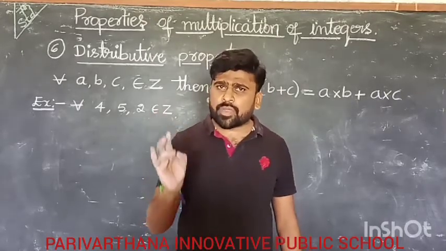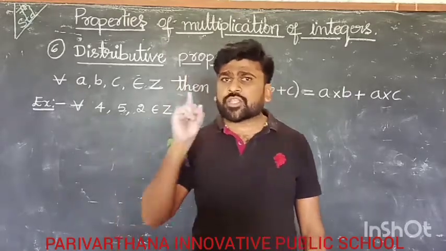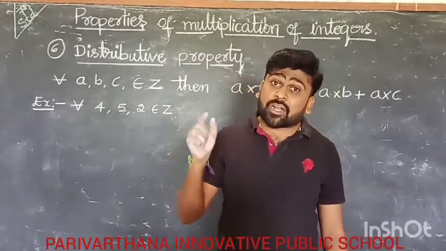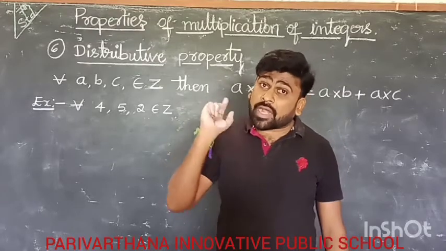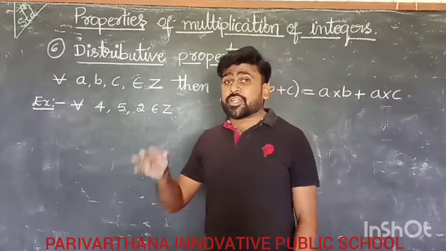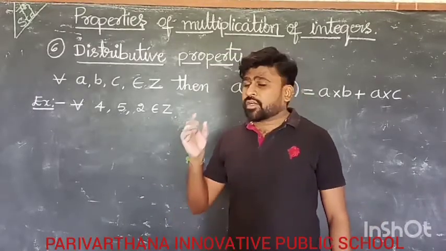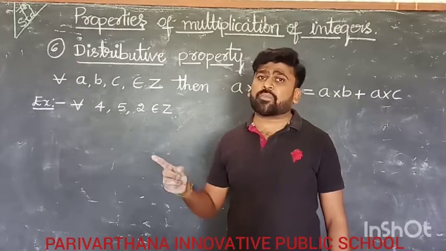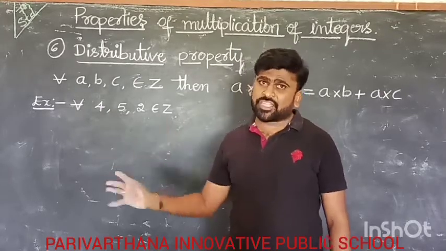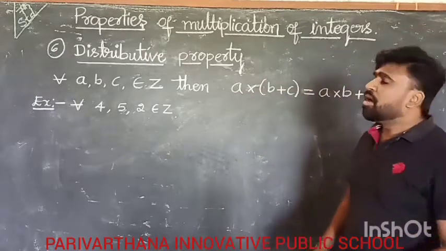A, B, C belongs to Z. Regarding the distributive property, it comes for both addition and multiplication symbols. That's why it is distributive property under multiplication over addition. Clear? That means it comes for both addition and also multiplication.